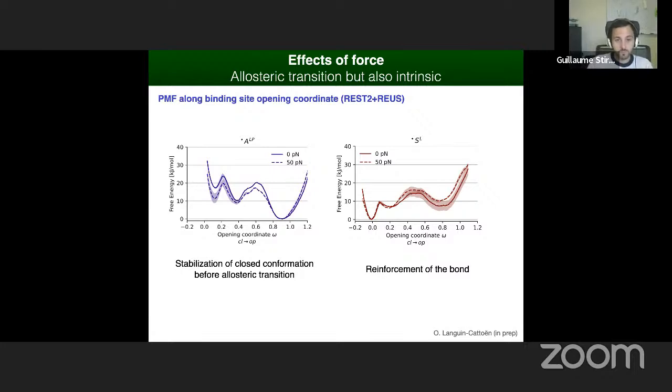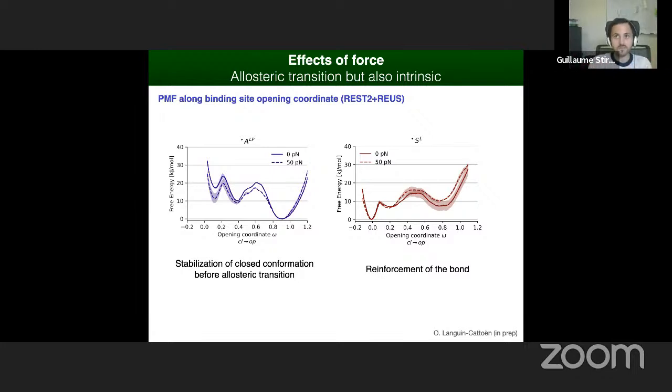But what you see when you apply force, typically 50 piconewton, is that your PMF is shifting to lower values for the closed conformation, right? So you tend to reinforce stronger binding in this weak binding state of the protein, which means that before the two domains can separate, you reinforce the population, which is already a stronger binder, right?